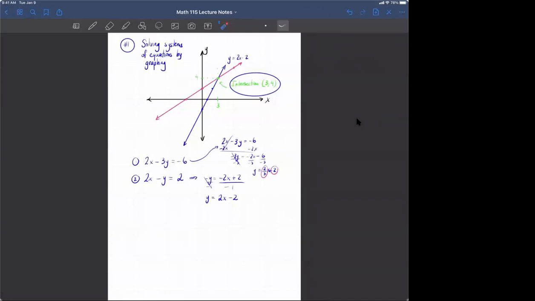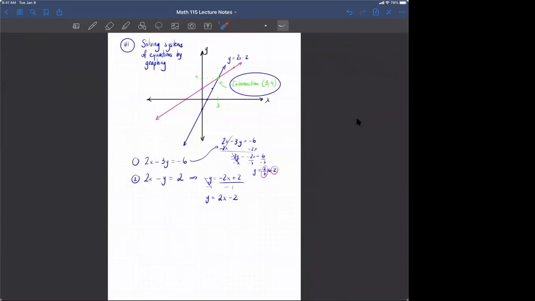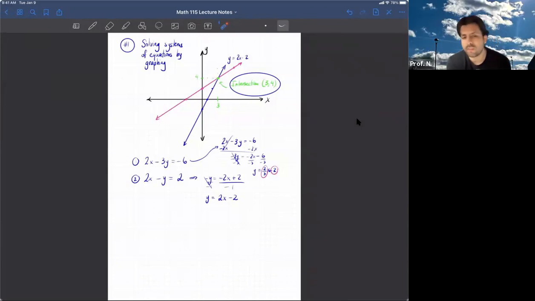Yeah, so you start to see that there's more than one way of doing it. This is one way of graphing a line: you solve for y, find the y-intercept and the slope, use the y-intercept as your starting position, then use your slope to find the next few points, plot them, and graph the line. That's one way.